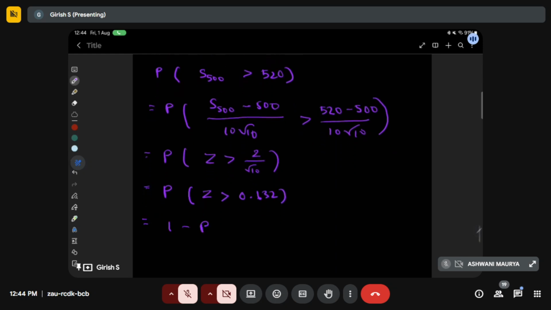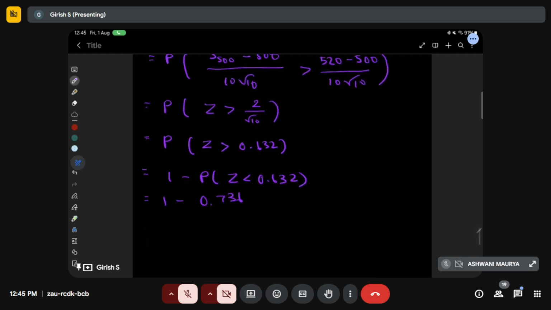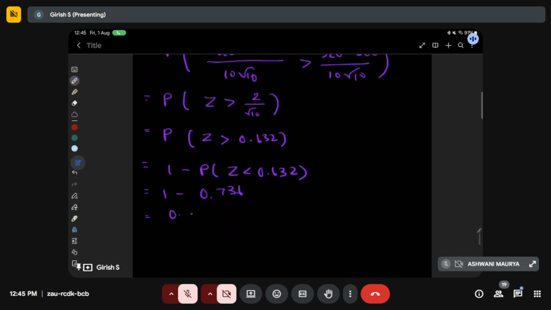So you can write it as the probability of Z less than 0.632. Actually this value is not provided in this particular question. If you use the Z table, this value is something close to 0.736, I believe. So upon solving this, you will get 0.264. Is this fine?